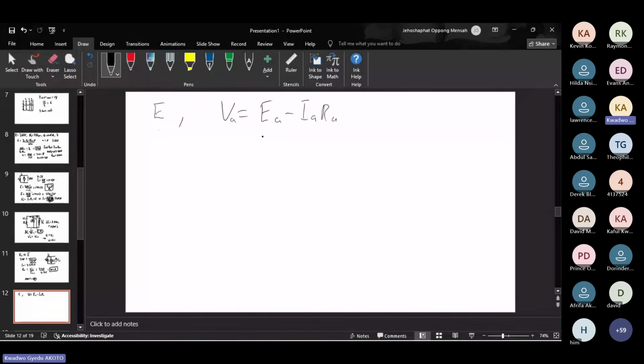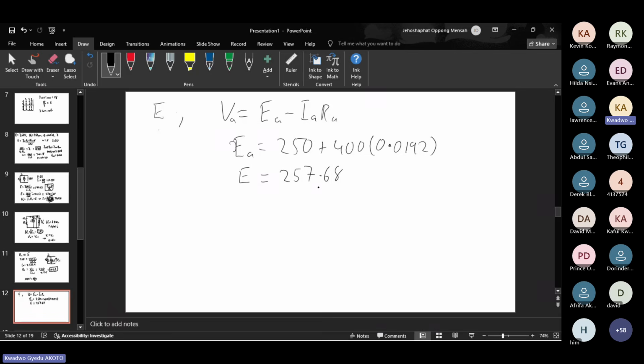We've been given IA, we've been given RA, so we can find our E. We want our terminal voltage to be 250, so EA is going to be equal to 250 plus 400 times our armature resistance, which is 0.019 ohms. So we have here E is equal to 257.68. So this is our full load E.